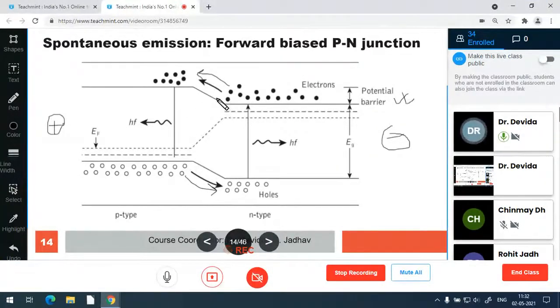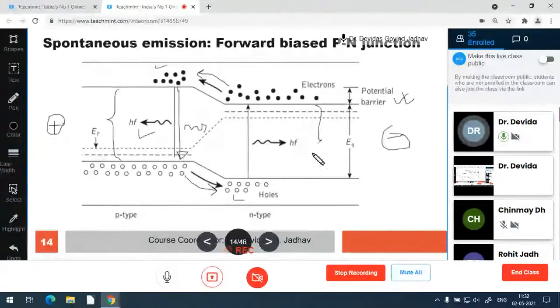When majority charge from one region goes into the other region, it becomes minority. A large number of minority charges are available. In that case, recombination takes place, and each recombination gives a photon. All the photons have the same energy, because the photon emitted is equal to the band gap energy, and the band gap energy of the material is constant.